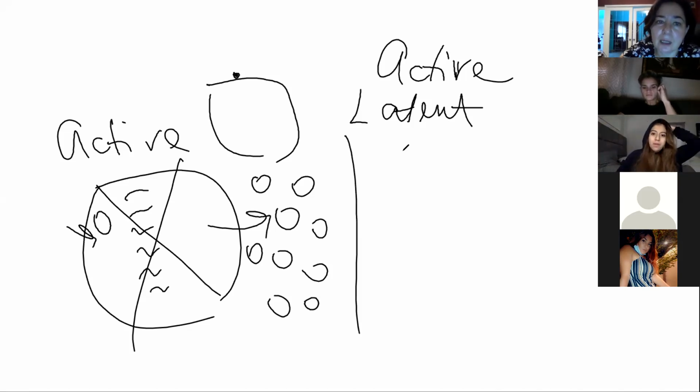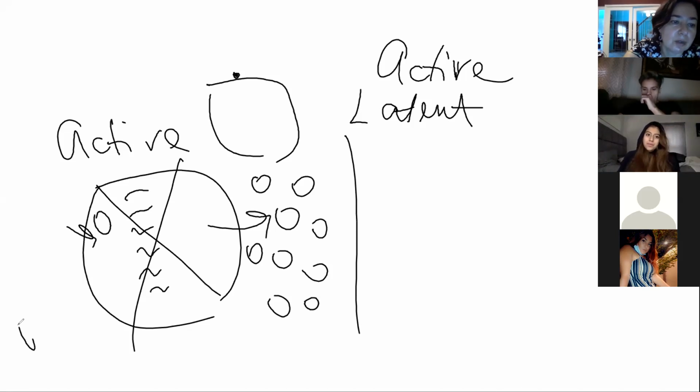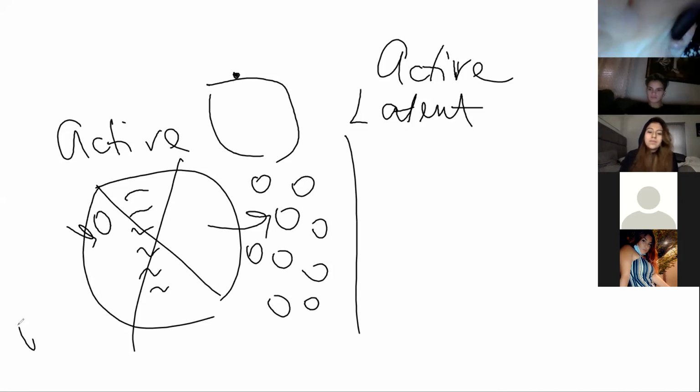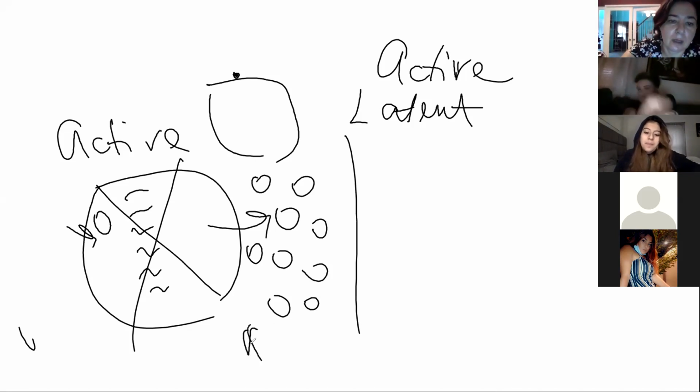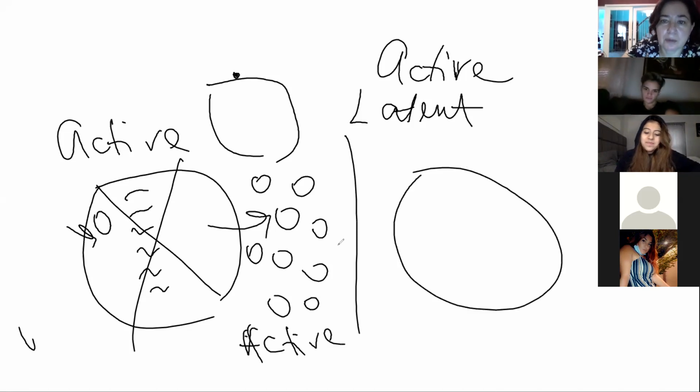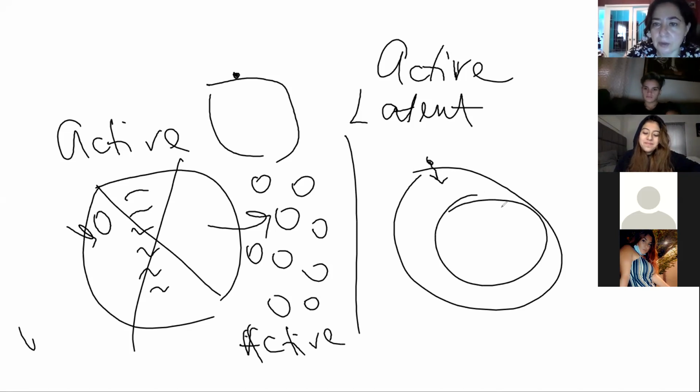What about latent? Latent is usually DNA. This is active. What will a latent virus do? A latent virus will sneak in, and without doing much, will go into the nucleus. In the nucleus, you have your genes, right?